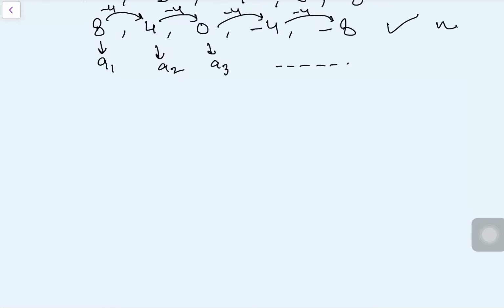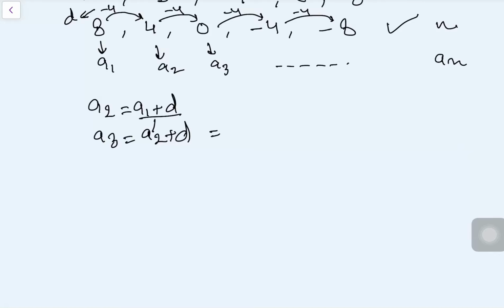Let's say there is an nth number, we can denote it by An, and the difference between two numbers we call D. So we can say A2 is A1 plus D, and similarly A3 is equal to A2 plus D. Since from above we know A2 is A1 plus D, A3 is equal to A1 plus 2D.